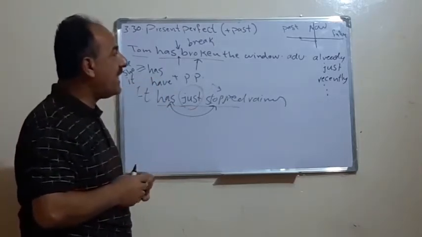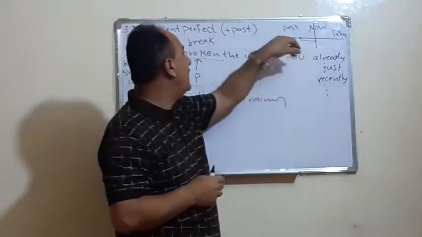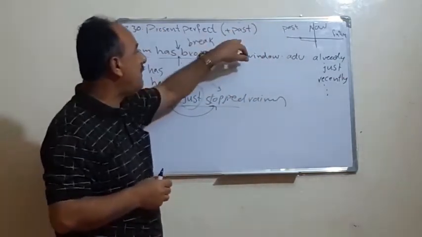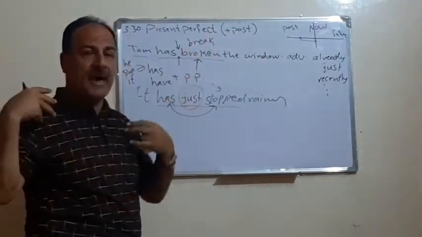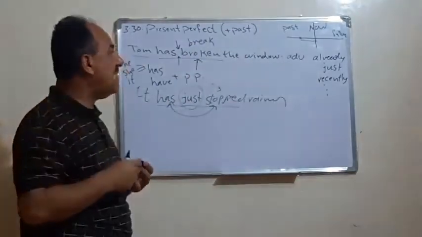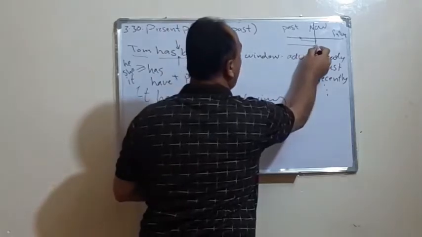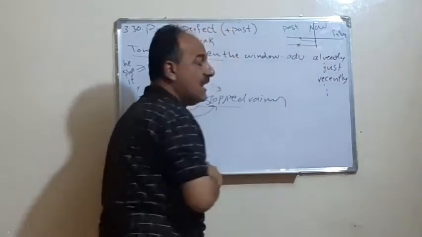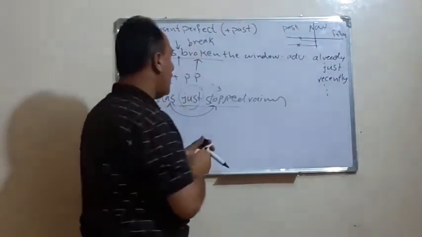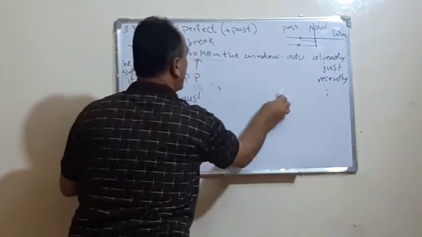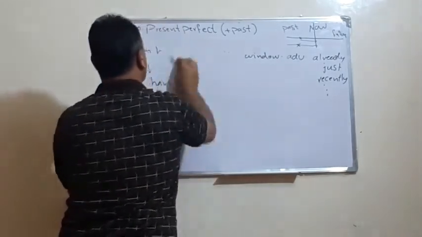So we may ask, then, what is the difference between the present perfect and the past? Since both of them happened in the past and ended. When we talked about the past, we said the past happened and ended. So we'll take two examples to show this fact.